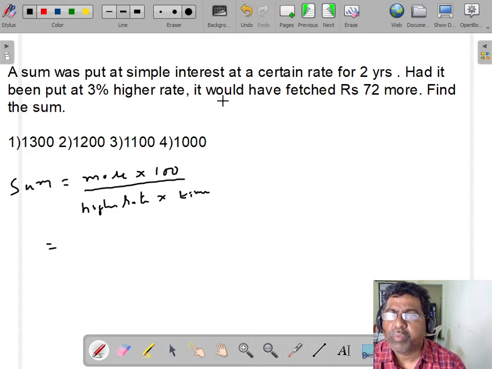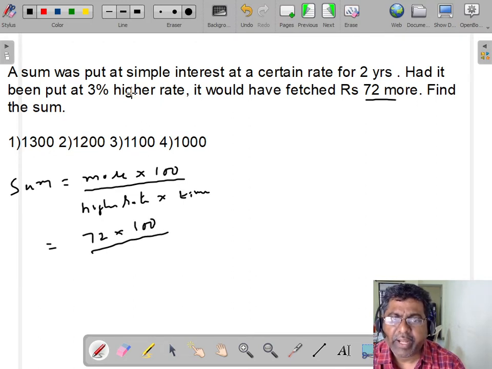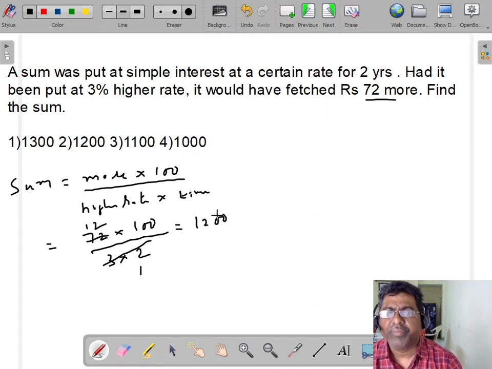More means how much more is there? 72 more. So in place of more you can take 72 into 100 by higher rate is 3, time is 2 years. So 3 into 2 is 6, 6 ones 6, 12s. So 12 into 100, the answer is 1200 rupees.